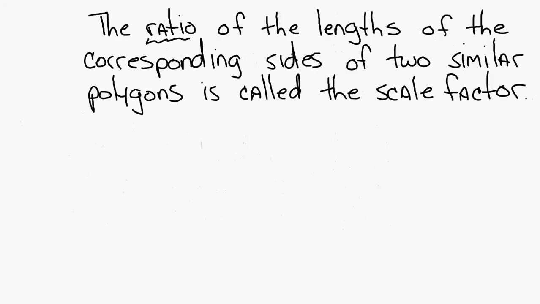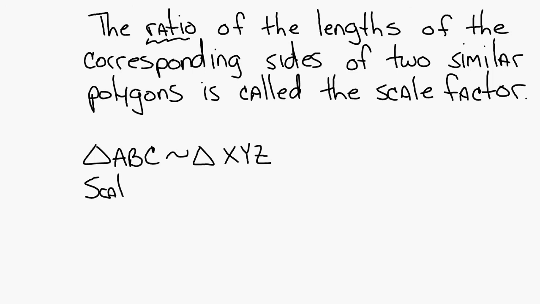So on page 470, they give you a diagram. It says that triangle ABC is similar to triangle XYZ. The scale factor of ABC to XYZ.